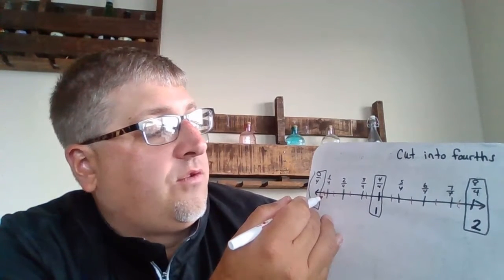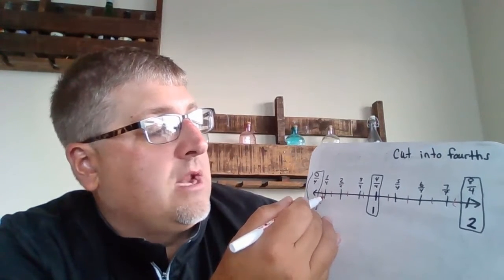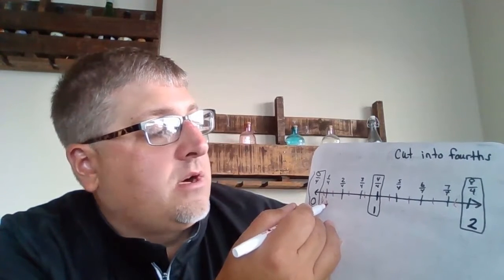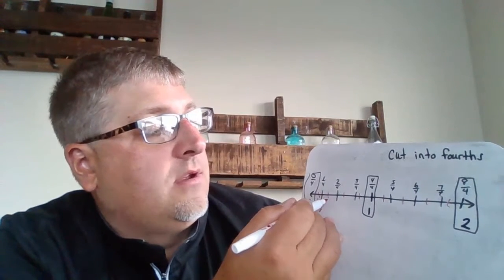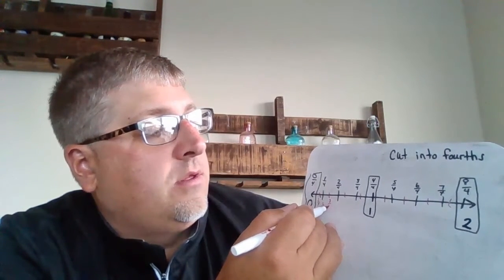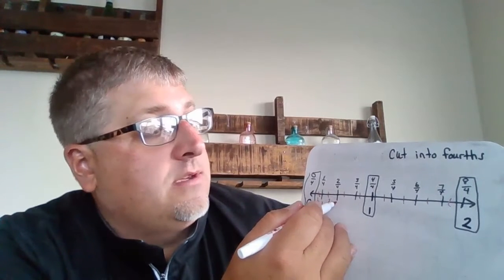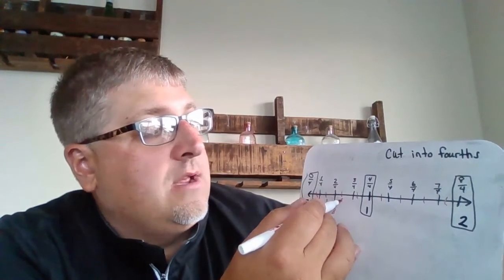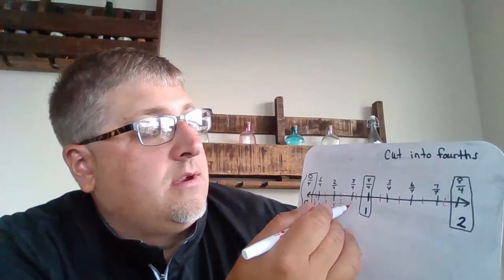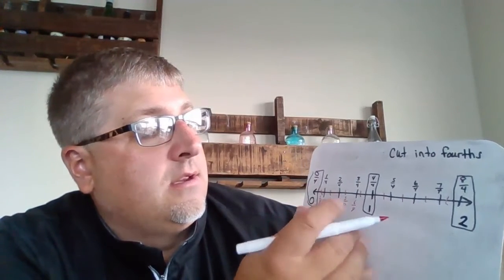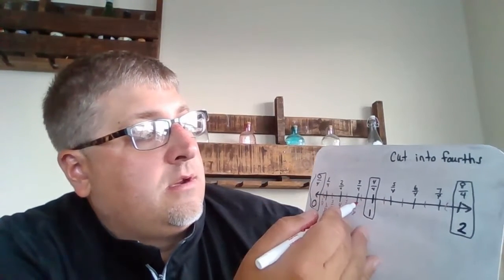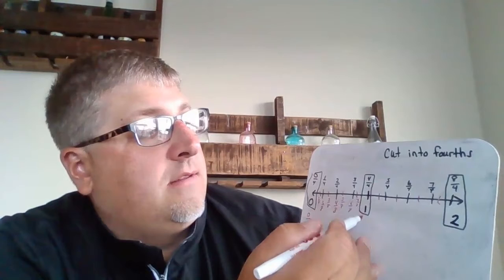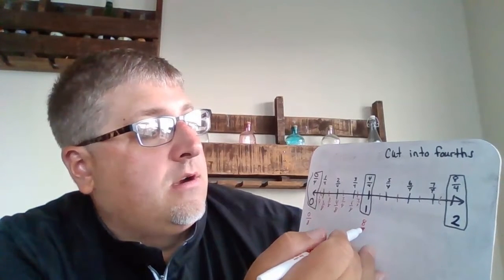This first tick mark is going to be 1/8. The second tick mark is going to be 2/8. This is going to be 3/8. And then right here, this is going to be 4/8, which would be equivalent. We have 5/8, 6/8, 7/8, and then 8/8 right here.